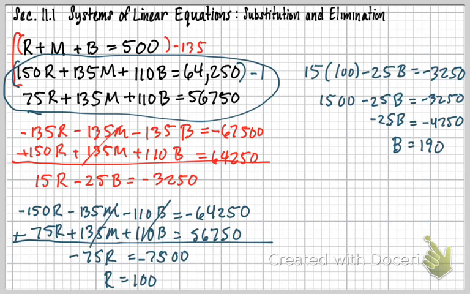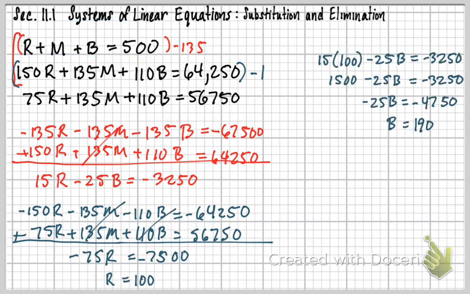And then I just go back to the beginning, and I'm just going to use that top equation here. With that top equation, it's going to be very straightforward for me to come up with M for my last piece. So then R equals 100, so I won't put the R there, I'll just go 100.